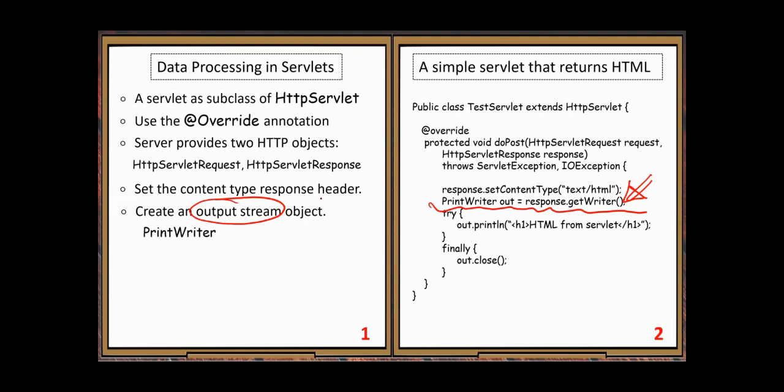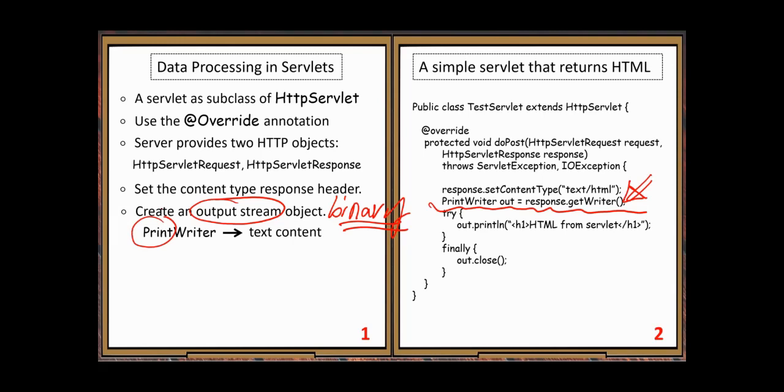Let's take a look at this PrintWriter object. It is used to send text content. Usually you have text content, but sometimes you also send binary content. In this class, because you can see print, only text you can print, right?